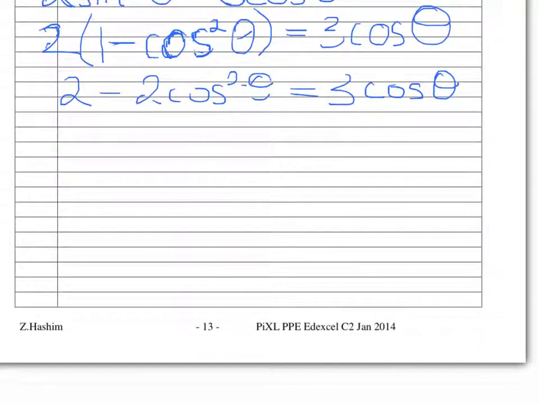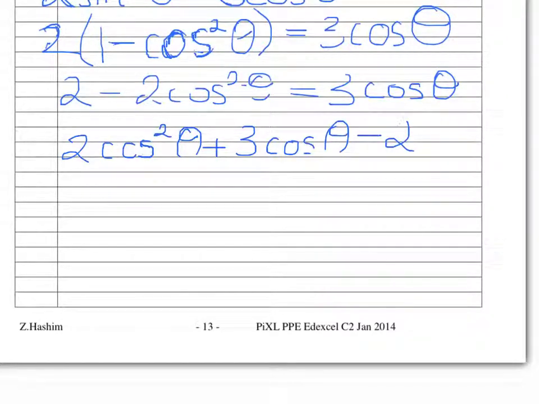So I'll rearrange that so it's a quadratic equal to 0, and I get 2 cos squared theta plus 3 cos theta minus 2 equals 0. Be careful at this stage, don't mess up the negatives. Really be careful about moving the functions onto either side.